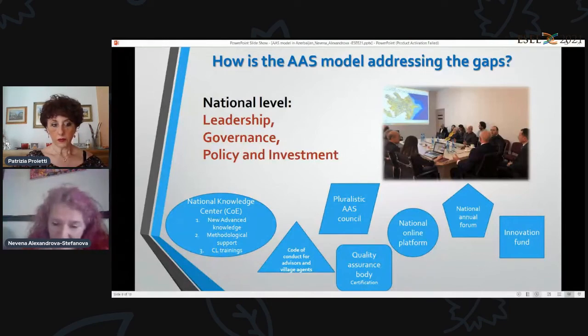One of them is governance, another is monitoring and evaluation, and it can also serve the regulatory framework for quality assurance as well.